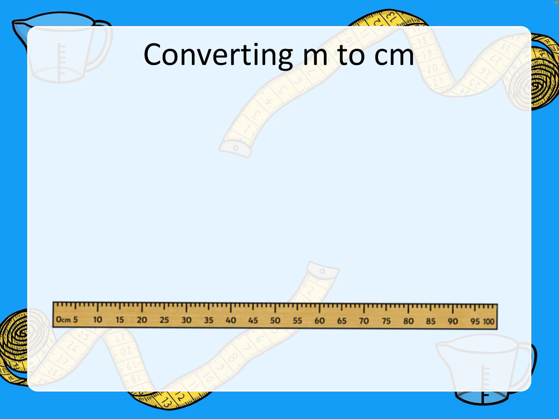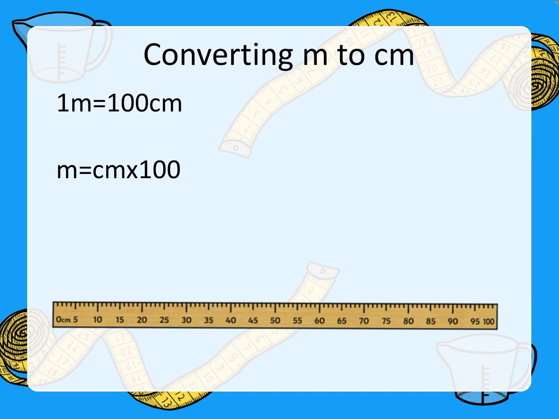Let me explain why. This is a meter stick. Now, obviously, this is a picture of it, so it's not going to be a meter long. But if you think about the meter sticks we have in class, on that meter stick, there are 100 centimeters.